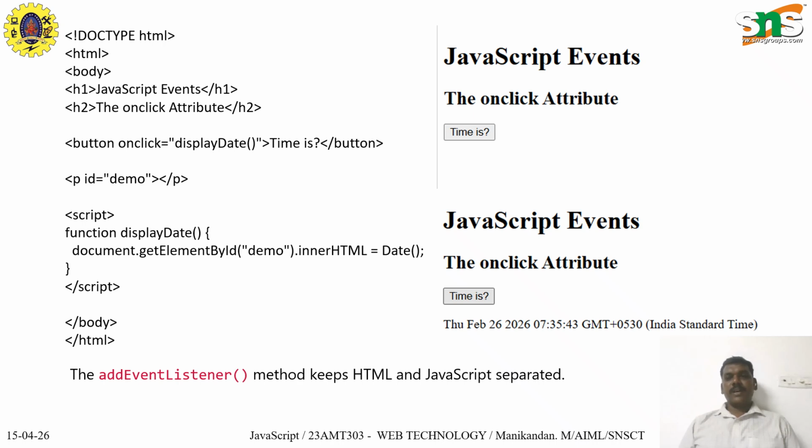In the output, you can check that the JavaScript event is occurring. It is an onclick attribute, and we are creating a button. While clicking the button, it will get the date and it will be displayed inside the paragraph.